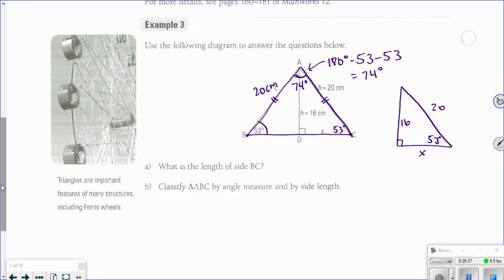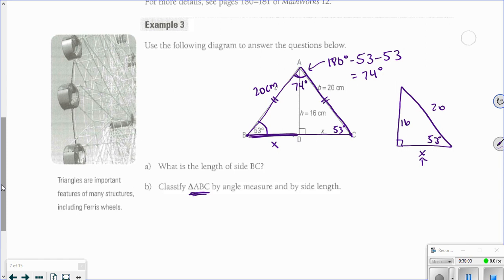And I can use my Pythagorean theorem and or my sine, cos, and tan to find this side. And if I find that half, this half over here is also the same. So if I double it, I'll have my total length from B to C. So that's what they're going to do in the next example. But before we do that, we're going to classify triangle ABC by angle measure and by side length.